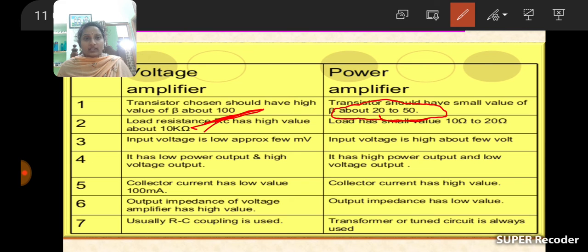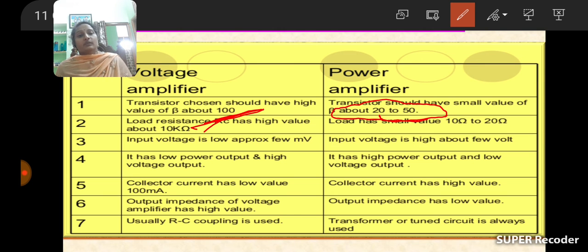Here the voltage amplifier has a gain of about 100, but the power amplifier has a gain between 20 to 50. In the voltage amplifier, the load resistance RC has a high value of about 10 kilo ohms. Load resistance has a high value of about how much? 10 kilo ohms. And in the power amplifier the load has a small value, 10 ohms to 20 ohms only.